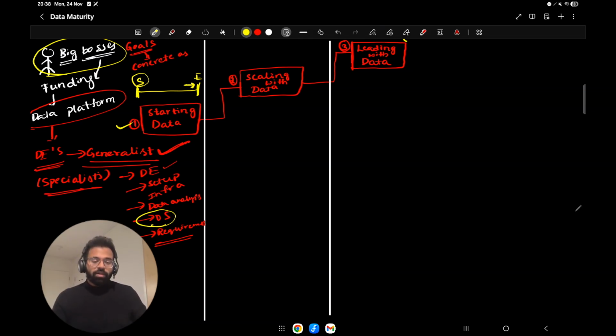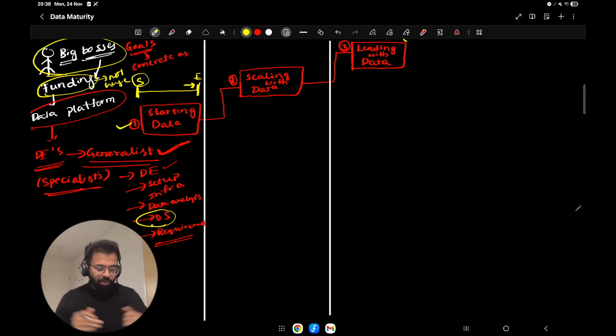But you need to remember one more thing. In this phase, the funding is also not huge. It's just a little bit of funding. They won't give away so much money to spend on a data platform when they are not sure whether it will work or not.